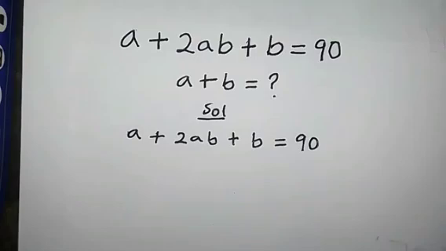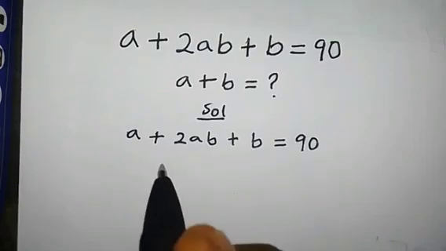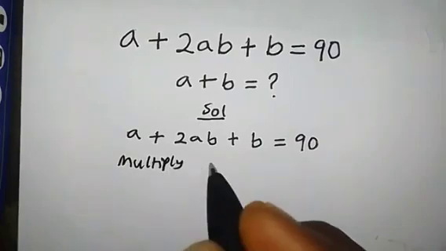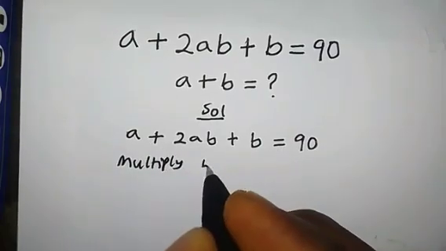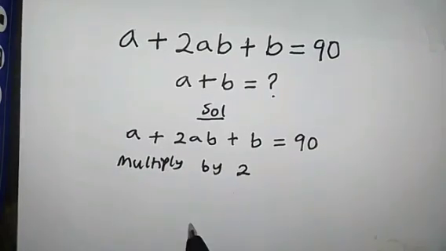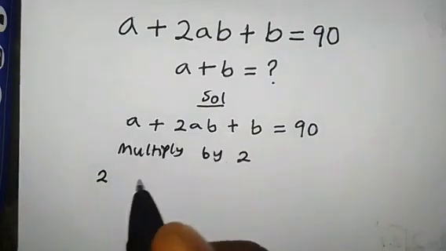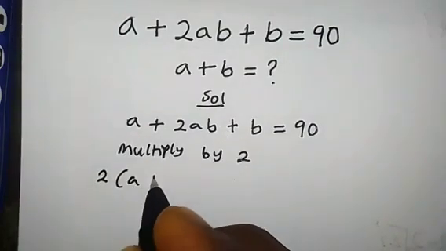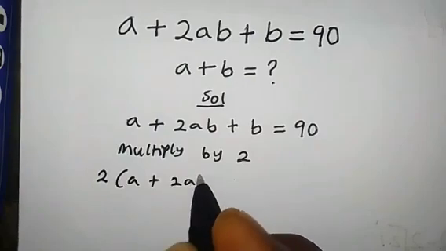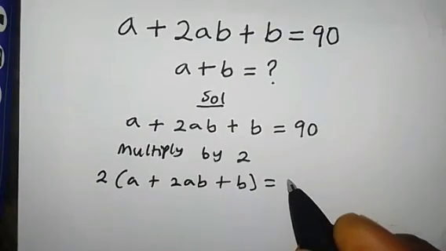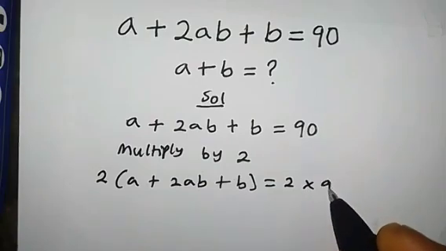The first thing we are going to do is to multiply both sides by 2. So that will be 2 into a plus 2ab plus b equal to 2 times 90.